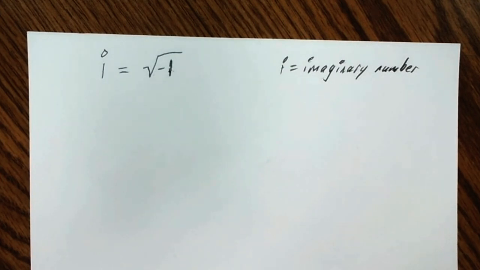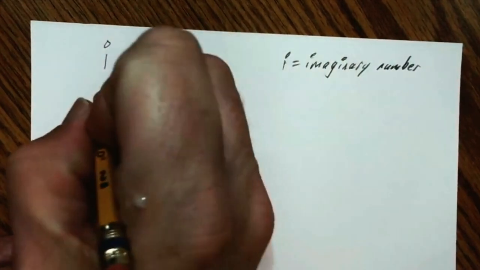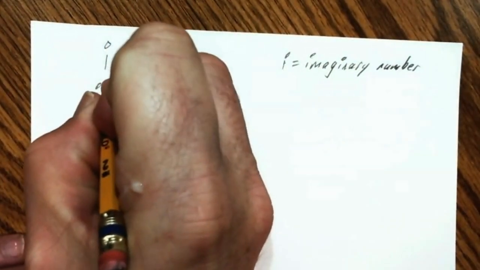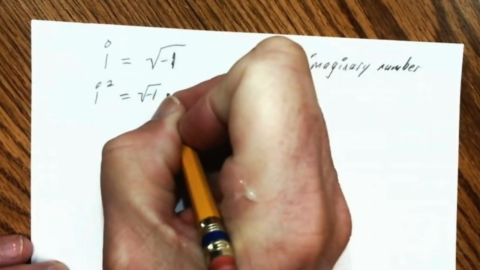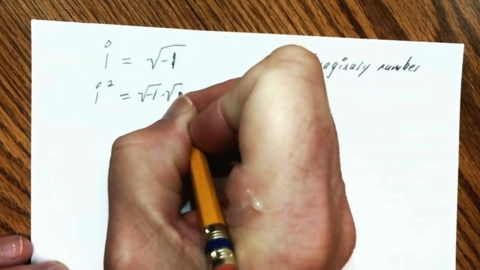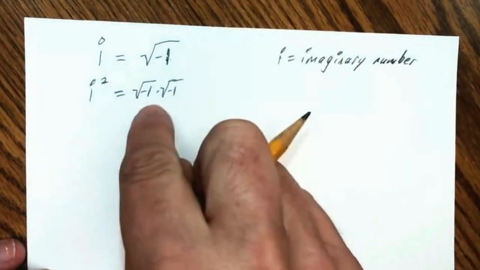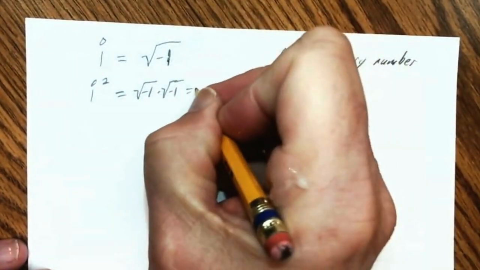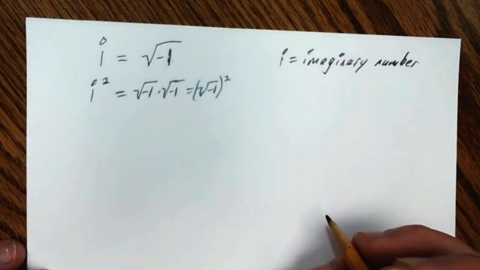And if you square it, here's an interesting thing. Let's look at these because we're going to have this in our lesson. i squared, that is the square root of -1 times the square root of -1, right? That's what it means when you square something. So that is the square root of -1 squared.